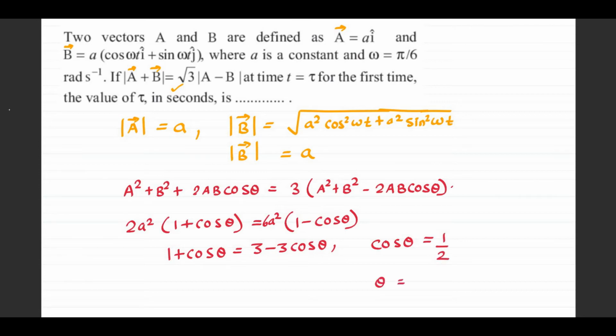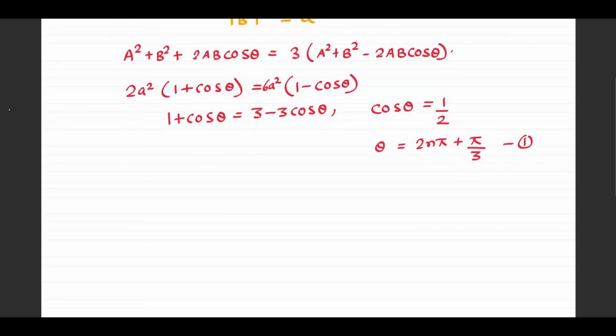So theta will have a general solution of 2n pi plus pi by 3. This is one. I can also say a dot b is equal to a into b into cos theta.